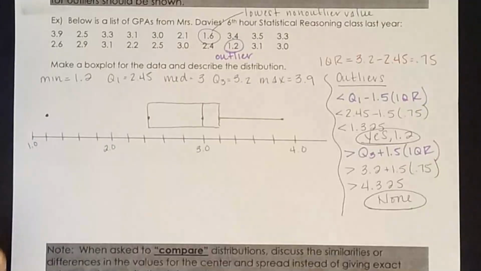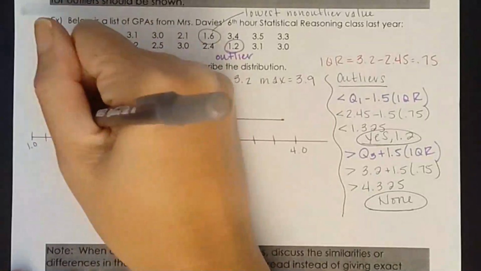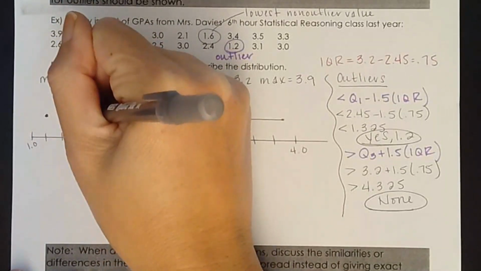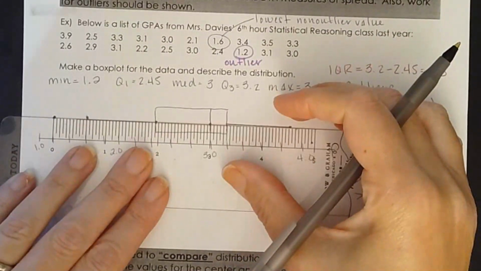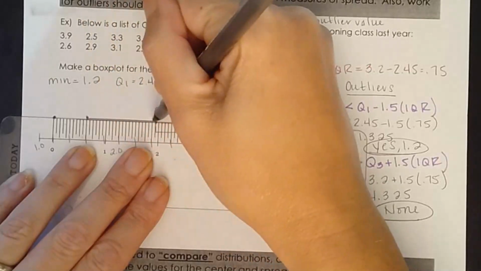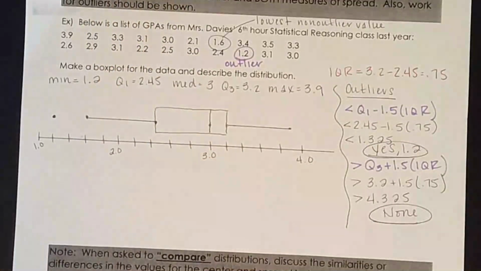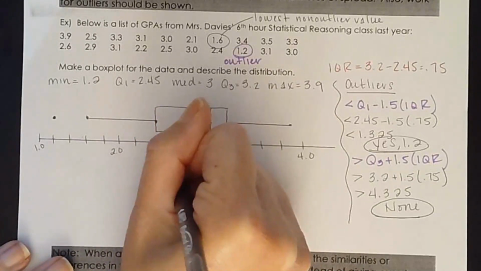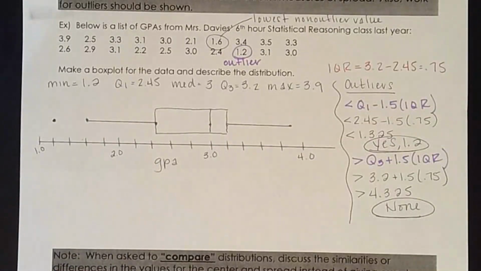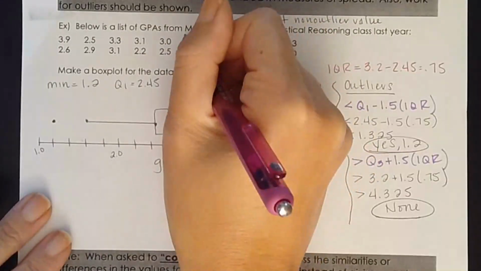So you're going to 1.6, and that is your lower whisker, since the dot for the outlier at 1.2 needs to be marked separately. Make sure we put a label on the number line. Make sure we put a title. And I think I'm just going to use this right here for my title.